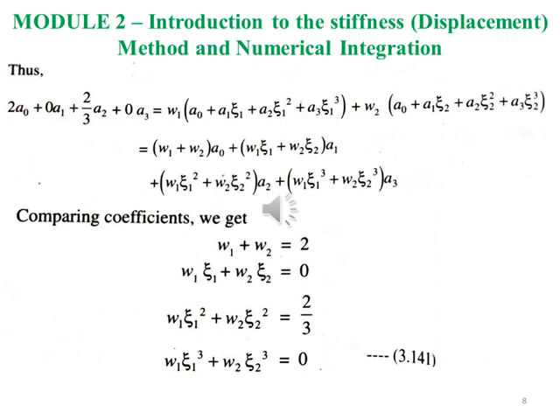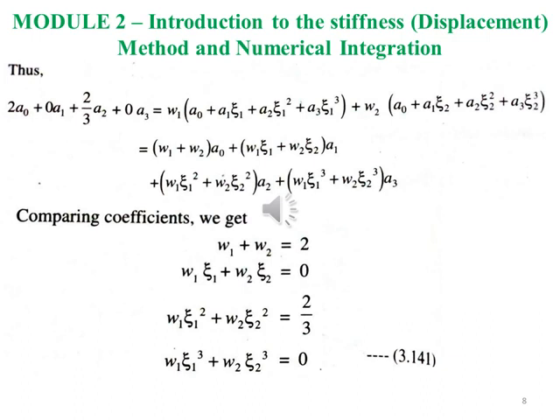So substituting the values of dz, z dz, z square dz, z cube dz, integral from minus 1 to plus 1, we get the equation as 2 a0 plus 0 a1 plus 2 by 3 a2 plus 0 a3 is equal to w1 into a0 plus a1 z1 plus a2 z1 square plus a3 z1 cube plus w2 into a0 plus a1 z2 plus a2 z2 square plus a3 z2 cube.